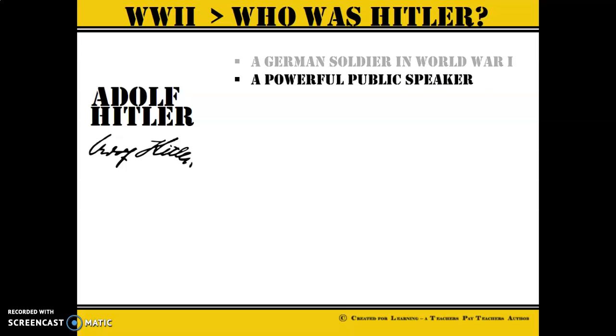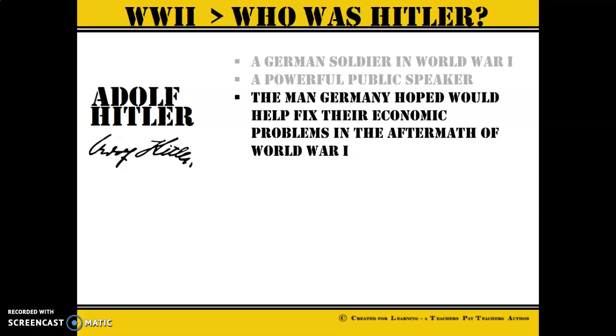He was a very powerful public speaker, very persuasive. He was the man Germany hoped would help fix their economic problems in the aftermath of World War I. So when World War I ended, lots of countries got together to kind of try to solve this problem of a world war.